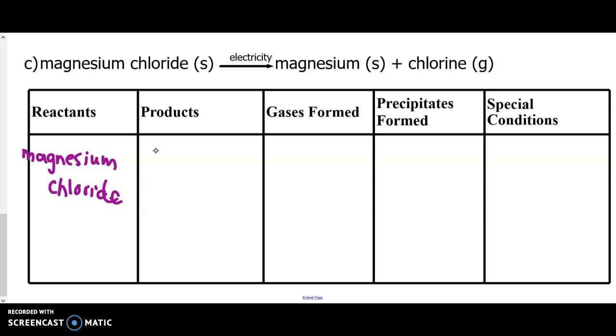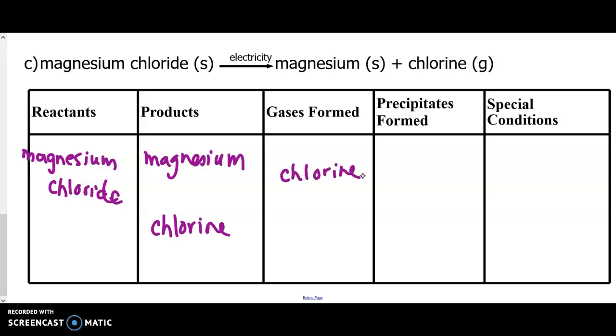The products are magnesium and chlorine gas. There is a gas formed. It's chlorine. There are no precipitates formed. And the special condition is listed here on the arrow. It's electricity. That's what's required to get this particular reaction going.